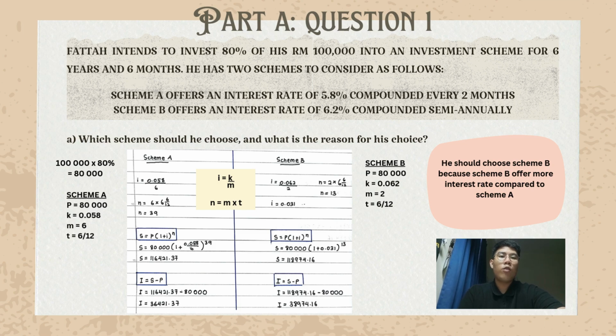S equals 80,000 open bracket 1 plus 0.058 over 6 close bracket to the power of 39. S equals 116,421.37. I equals S minus P. I equals 116,421.37 minus 80,000. I equals 36,421.37.